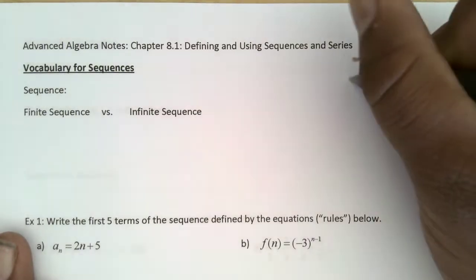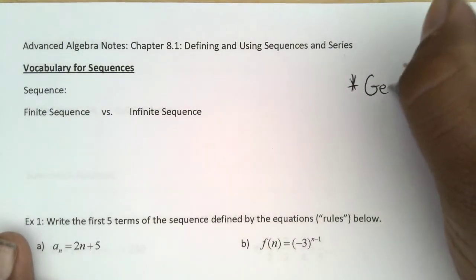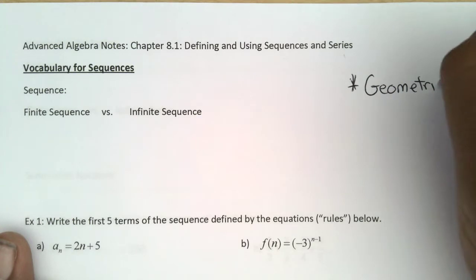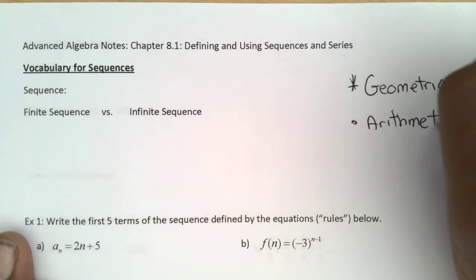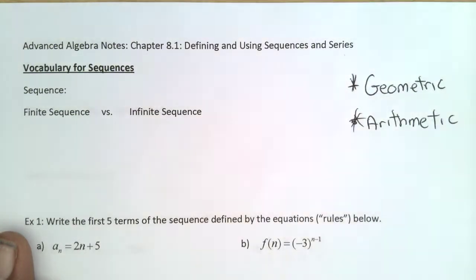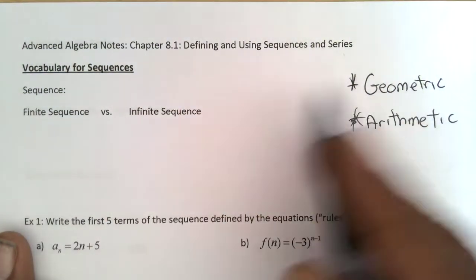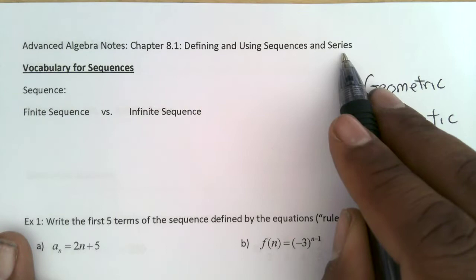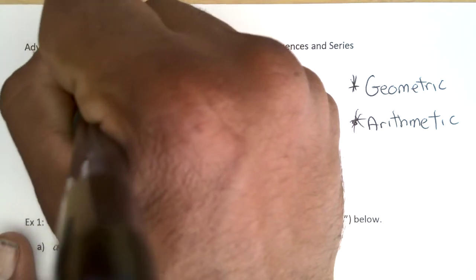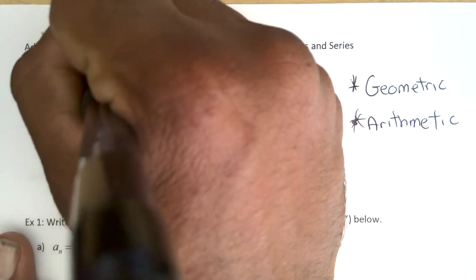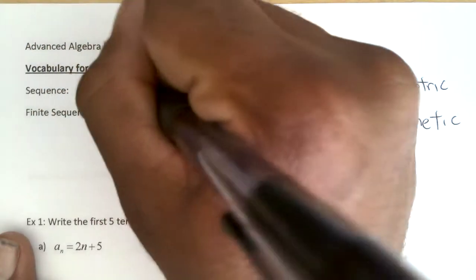You might remember things like geometric and arithmetic. Those are two specific types of sequences, and we'll just do a general one. We'll also hit what series are, but a sequence is just generally a list, and generally we also call it an ordered list of numbers.